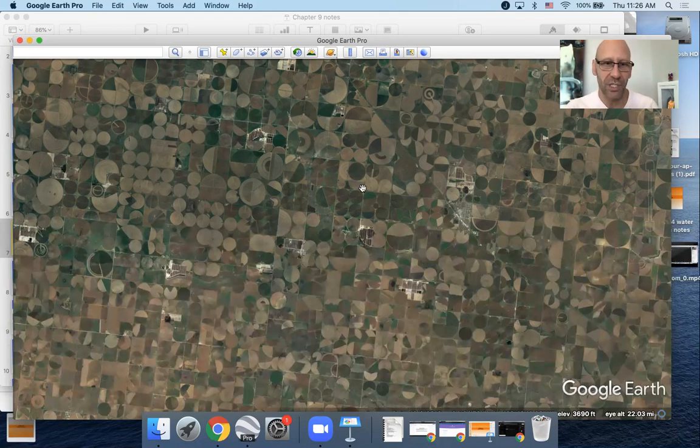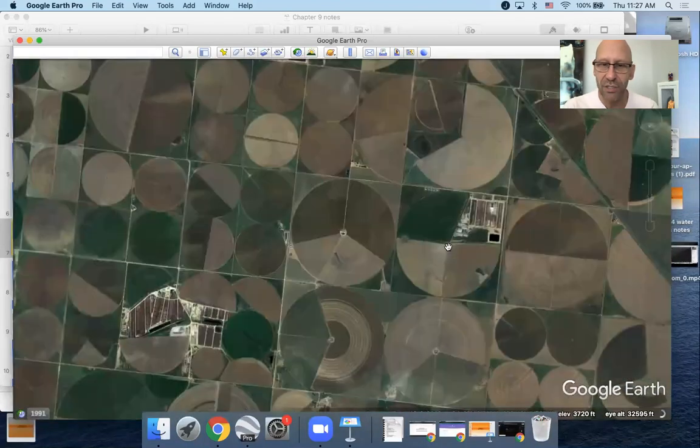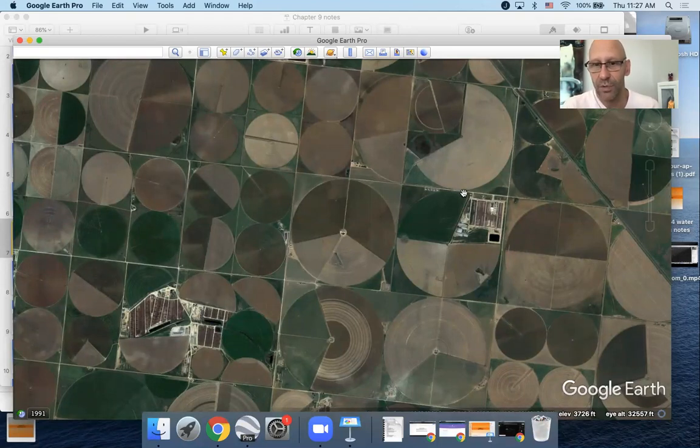It's a circle because these fields are irrigated by a long arm. And the arm pivots around the center of the circle. And so what you see here is an irrigation arm. The irrigation starts here in the center of the circle and it extends out this way. And then it moves. It's on wheels and it moves. As it's moving, it sprays water.